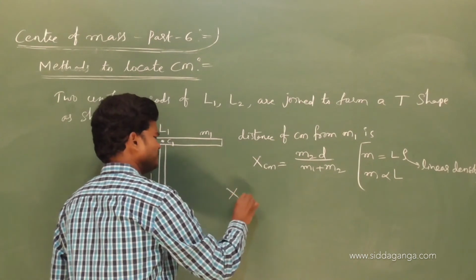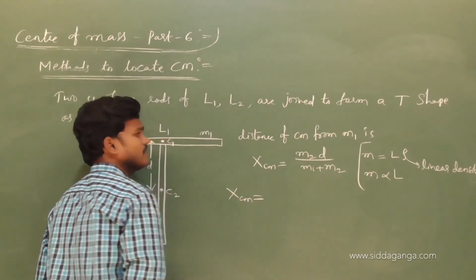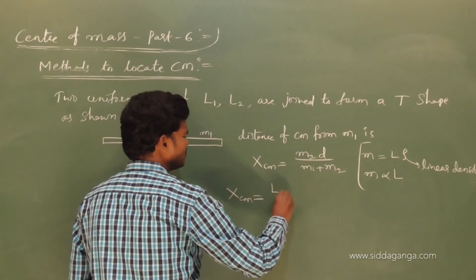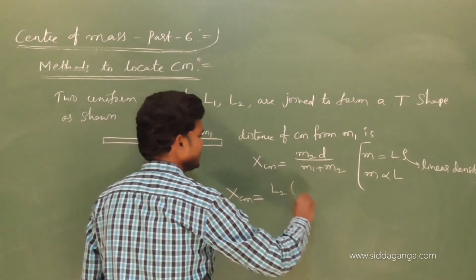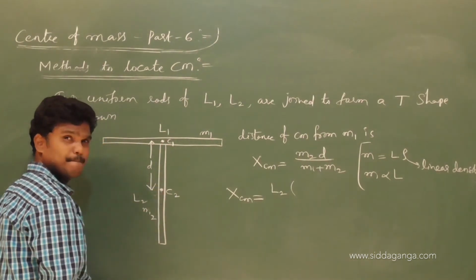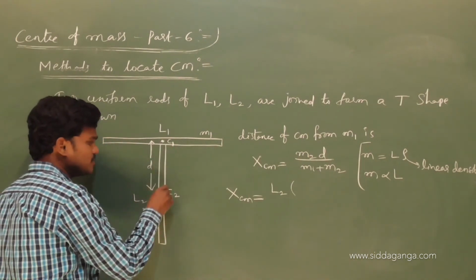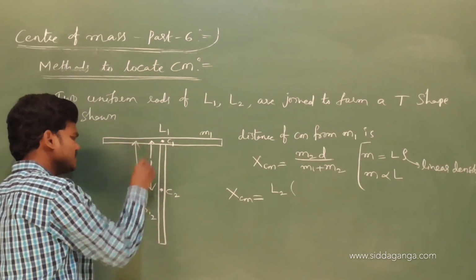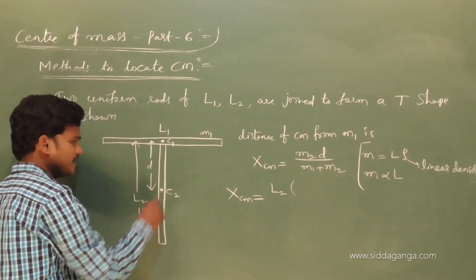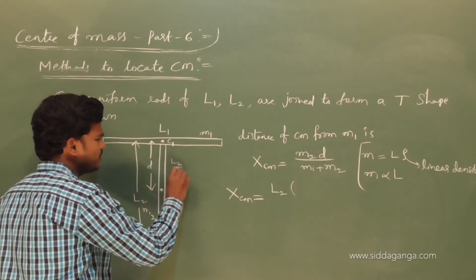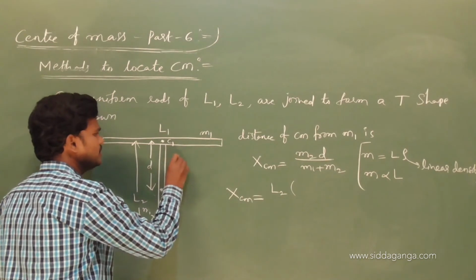Now let's see the distance of the center of mass from M1. M2, what is M2? L2. D, what is D? D is the distance between these two centers. From here to here is L2, and this is half of the L2, nothing but L2 by 2.